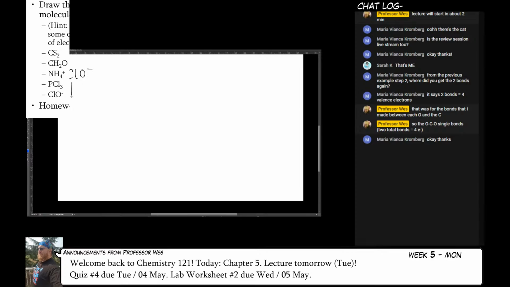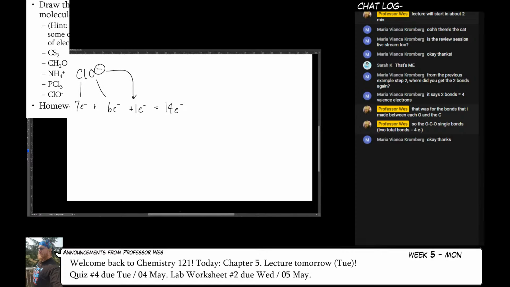Well, ClO minus here. So I got chlorine, which is 7, oxygen, which is 6, and I got this, which is gain an additional electron. So 7 plus 6 is 13, plus 1 is 14. That's kind of a little off the screen, isn't it? Let me just do that. There you go.